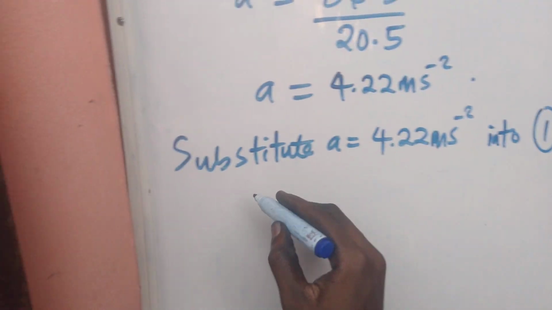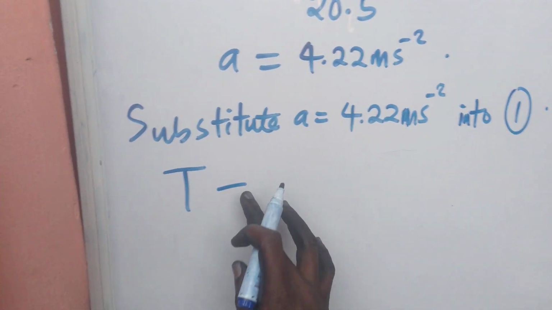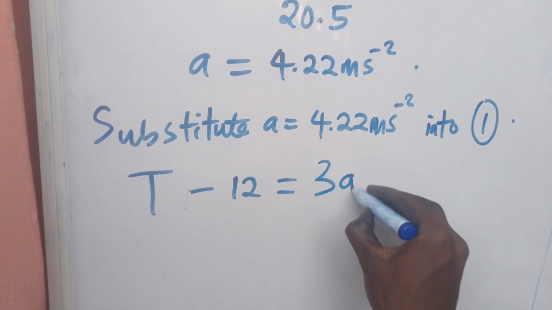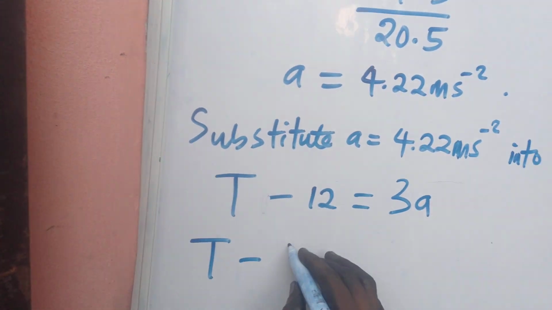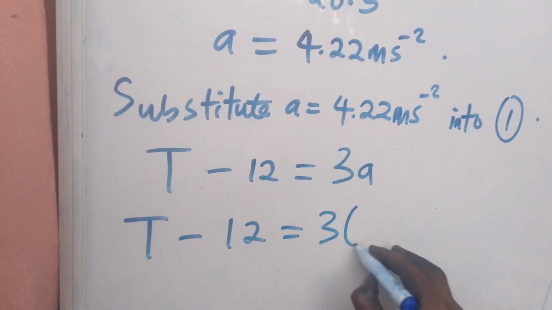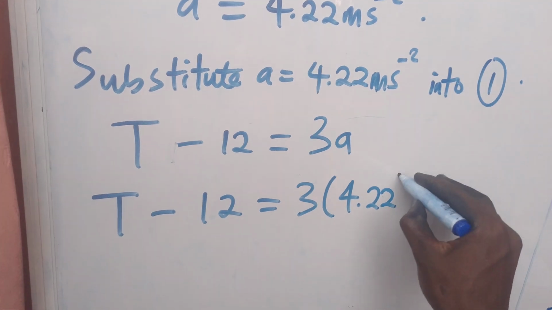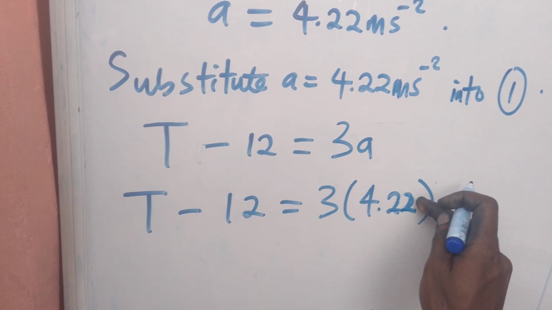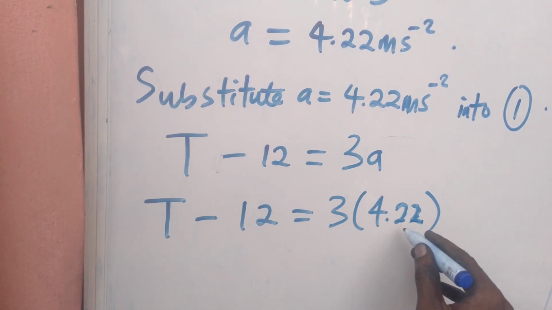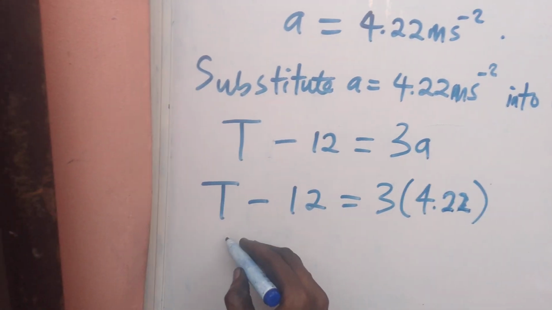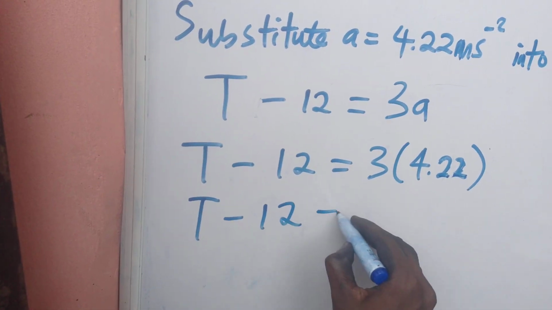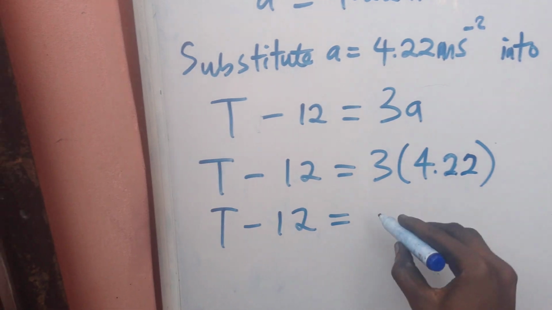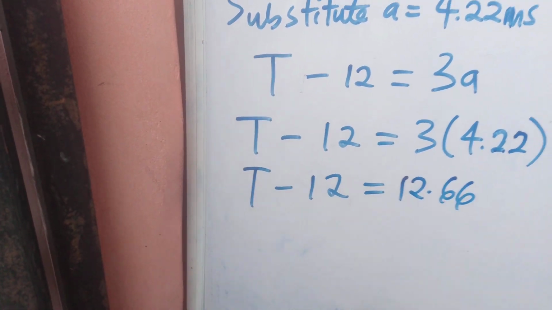Equation 1 is T minus 12 equals 3A. This is T minus 12 equals 3 times 4.22, which will give me 12.66.